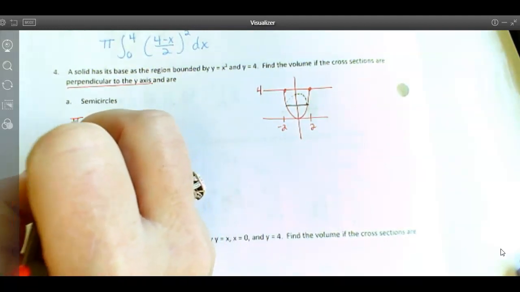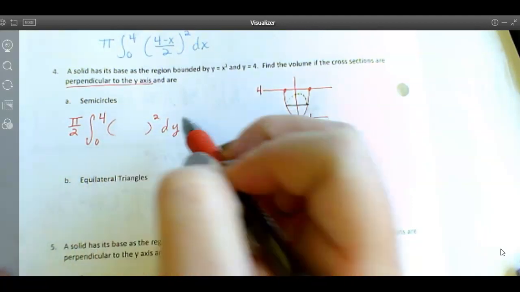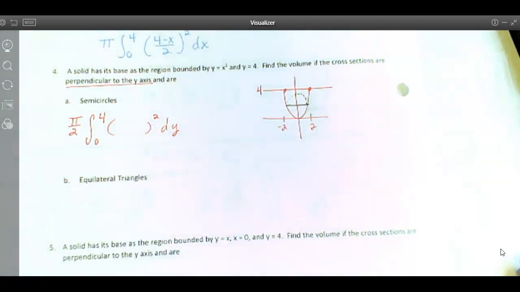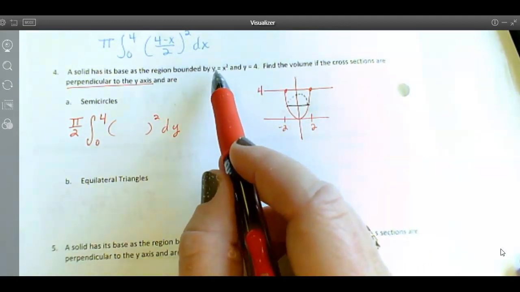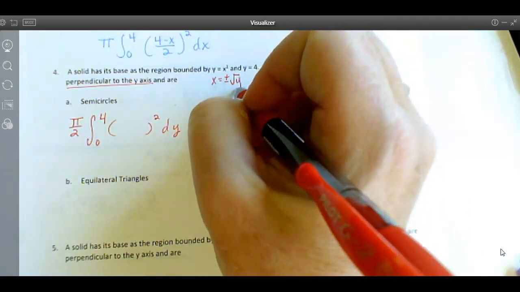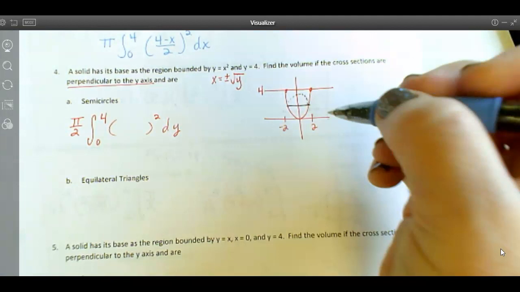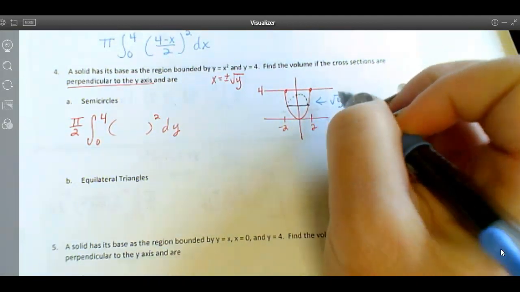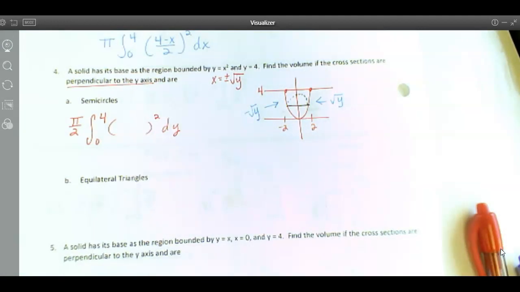It's still a pi over 2 and then r squared. The question is what's r? So because you have to use y values, think about solving this for x. That means you would take the square root on both sides. So this side of the equation is square root of y, and this side of the equation is negative square root of y.